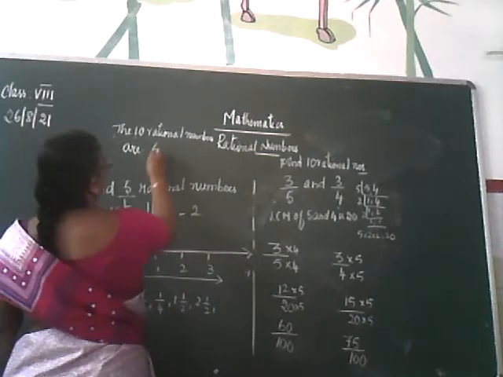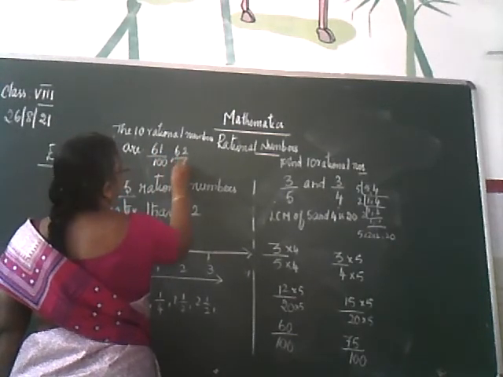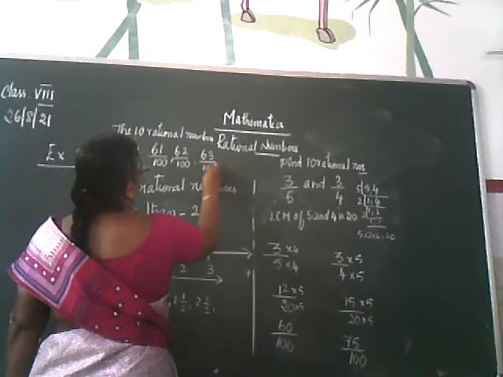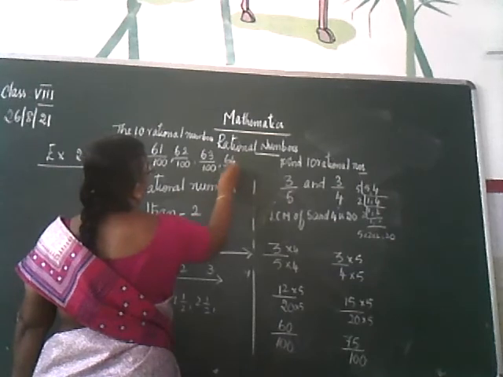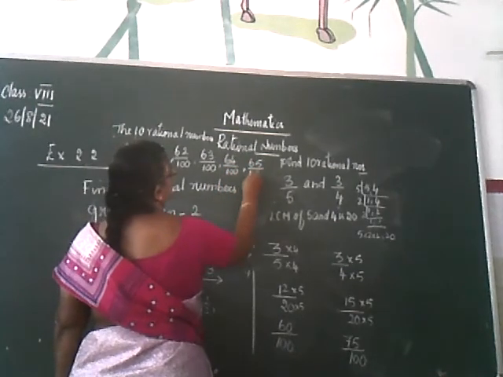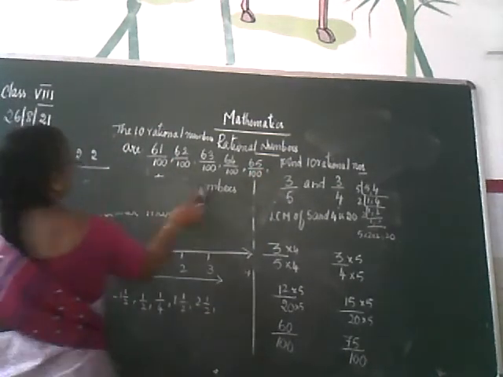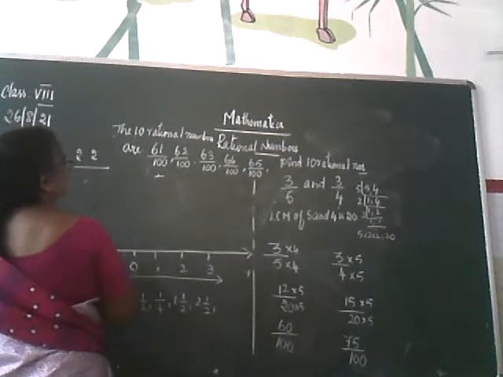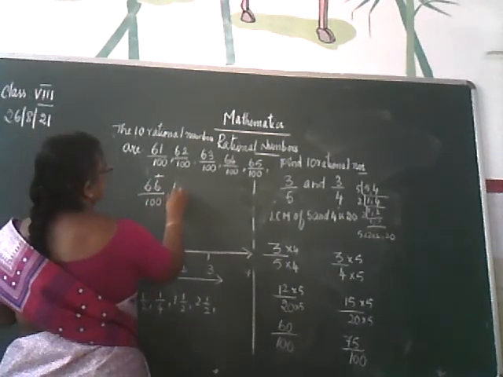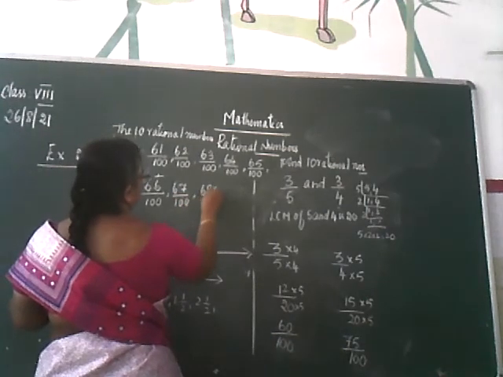61 by 100, 62 by 100, 63 by 100, 64 by 100, 65 by 100, 66 by 100, 67 by 100, 68 by 100.